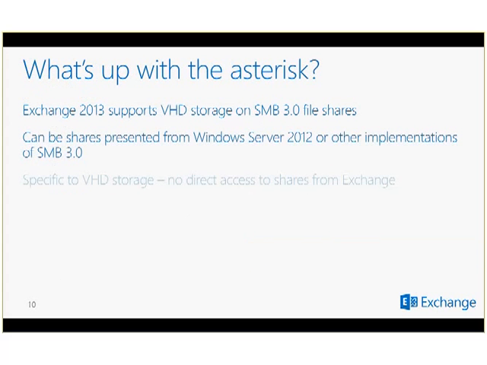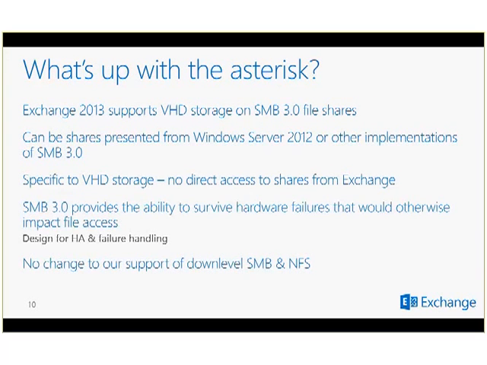So what's up with the asterisk? We have made a decision in Exchange 2013 to support VHD storage on SMB 3.0 file shares. SMB 3.0 is new SMB technology that's available in Server 2012 and 2012 R2.